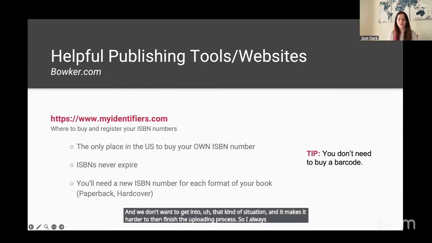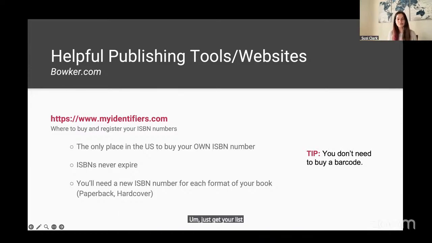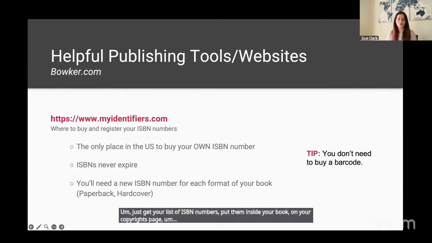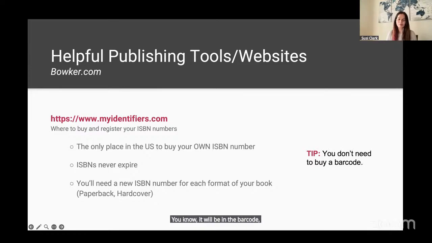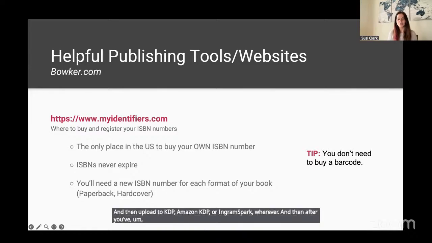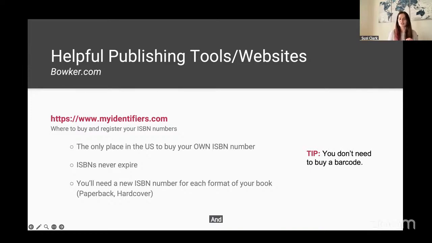So I always say, just get your list of ISBN numbers, put them inside your book on your copyrights page. It will be in the barcode, and then upload to Amazon KDP or IngramSpark, wherever. And then after you've uploaded everything and scheduled or published your book, then I would go back to Bowker and actually assign the individual ISBN numbers in there.